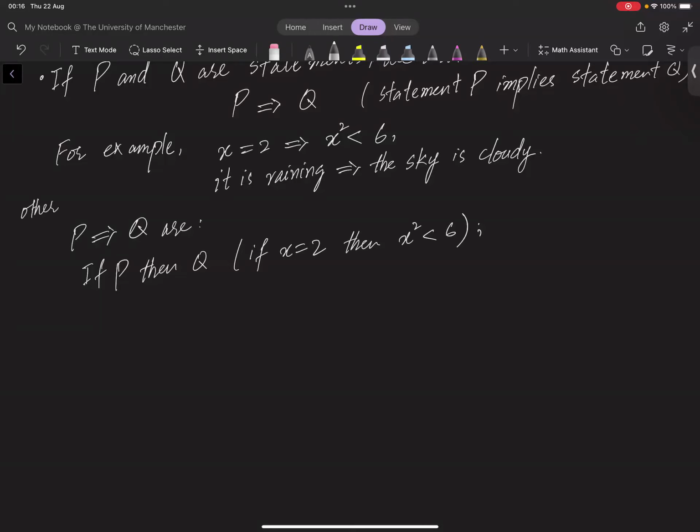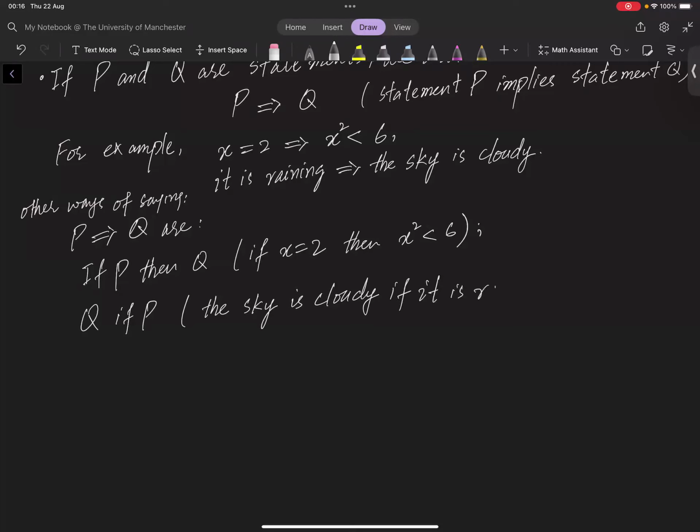Other ways of saying it: you can also say that the sky is cloudy if it is raining.